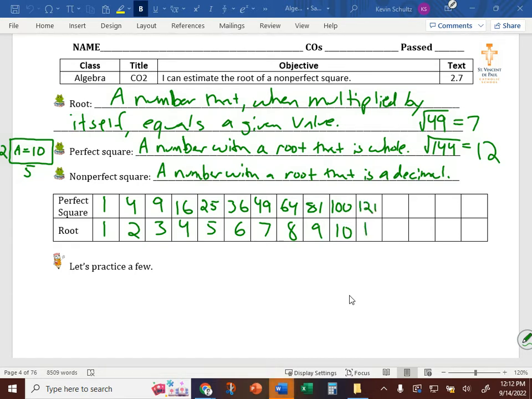Root of 121 is 11. Root of 144 is 12. 169 is 13. 196 is 14. And the root of 225 is 15. And these perfect squares are going to be very, very handy for what we're going to do in a few moments, which is estimate the root of a non-perfect square.